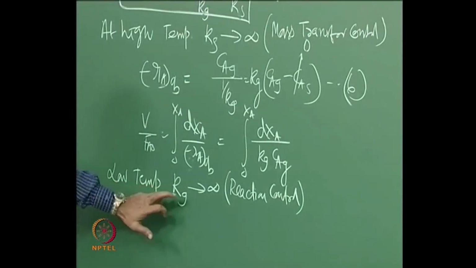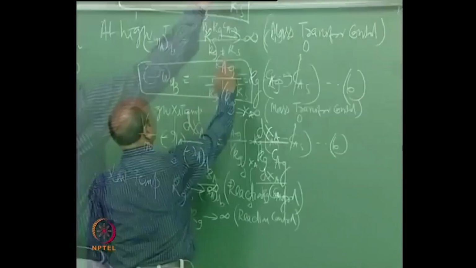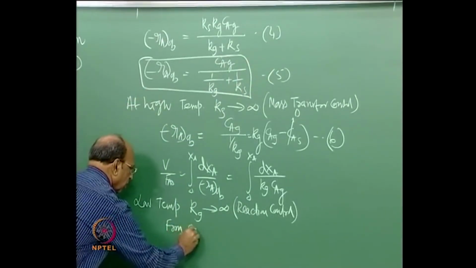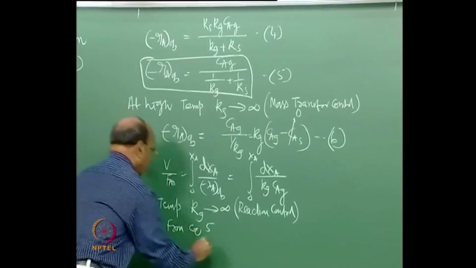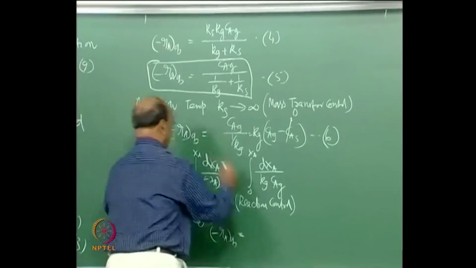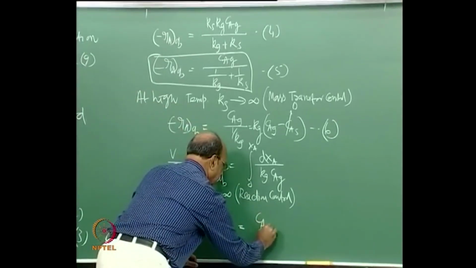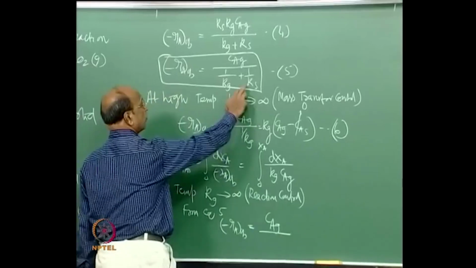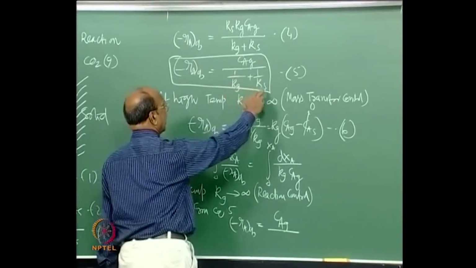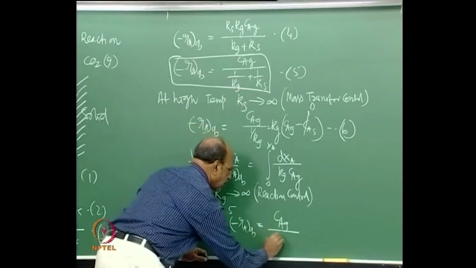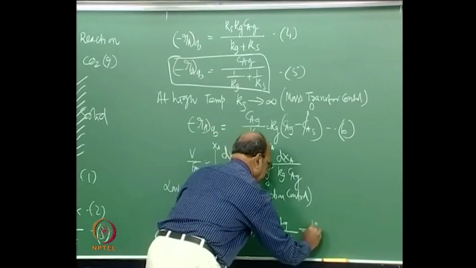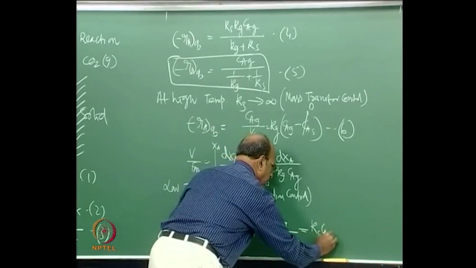So, when Kg is a very large value, from equation 5, minus rAOB equal to CAG divided by 1 by Kg, which goes to 0, plus 1 by Ks, which is nothing but Ks CAG.